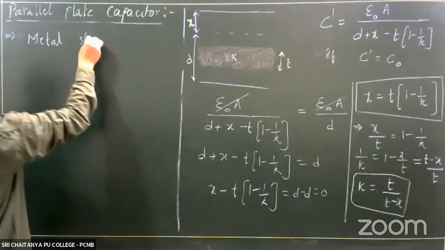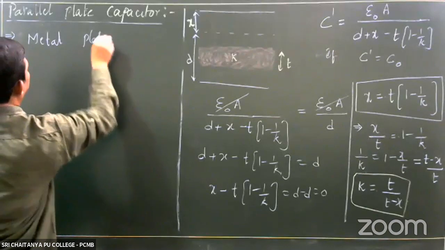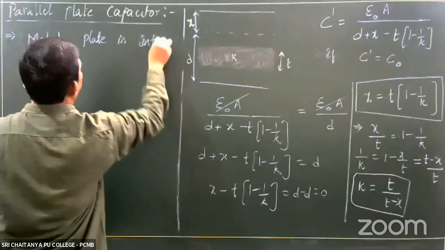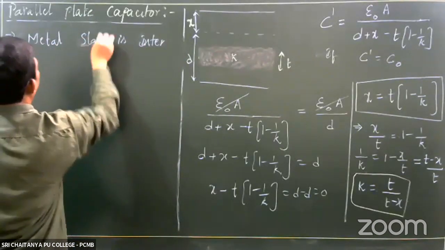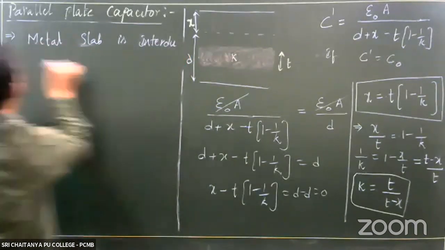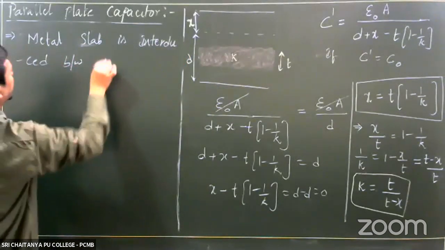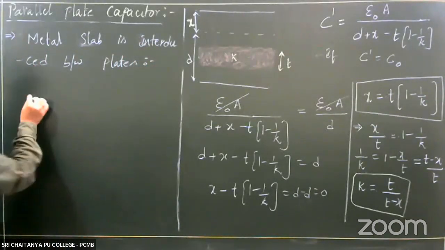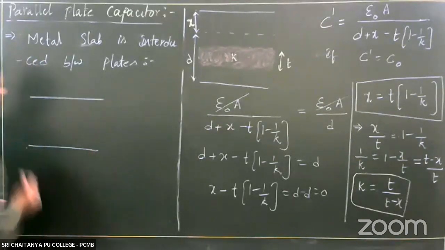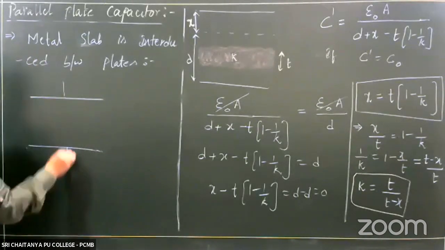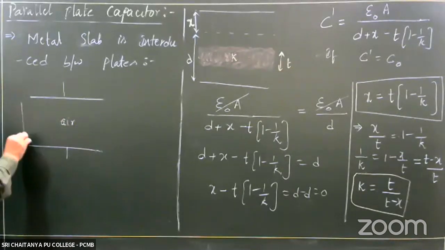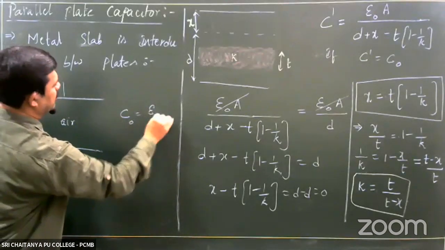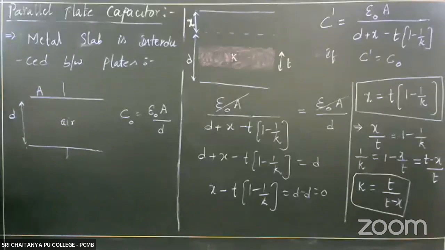A metal slab or metal plate is introduced between the plates. What happens to the capacity? See, this is the capacitor. Between them, separation is D, area of cross section is A, then C naught is equal to epsilon naught A by D capacity.